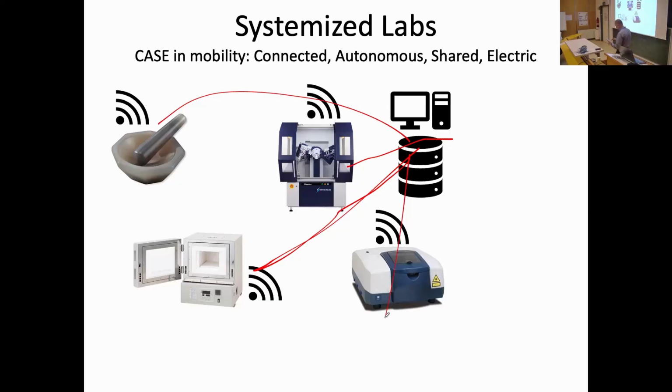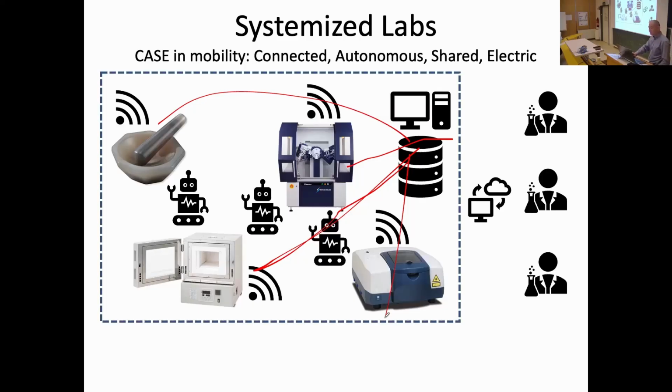All those things are controlled by the connected computers. And then autonomous, all the system is autonomous. And of course, sample transfer is automatic, and the system itself becomes autonomous. So that direction is what I'm going to talk about.